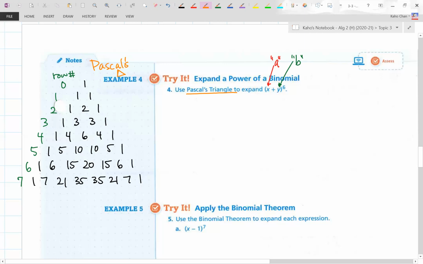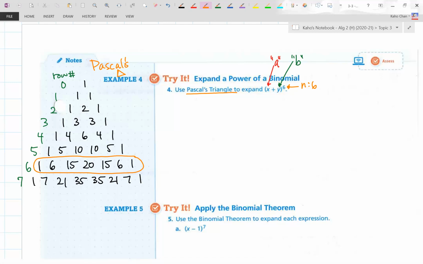Off to the left here, the power is 6. That's your n value. n is 6. Look at row 6, everybody, when n equals 6. We have 7 numbers there: 1, 6, 15, 20, 15, 6, 1. That is what we're going to use for the answer.